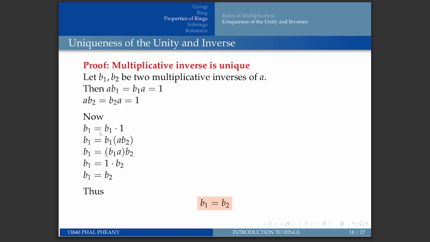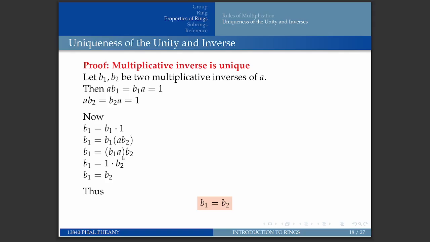Now we consider B1 equal to B1 times 1. 1 is the multiplicative identity. So 1 can be written in such a way, A times B2. So we get B1 equal to B1 times (A times B2). Since all of the elements belong to the ring R, and the ring is associative, we use the associative law.